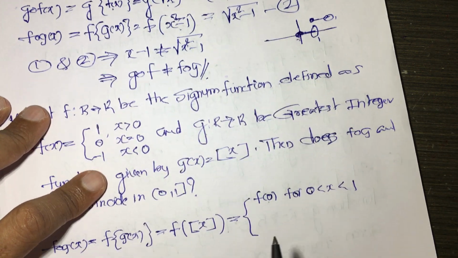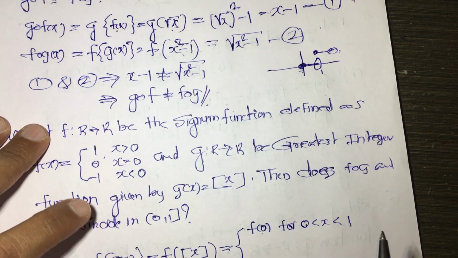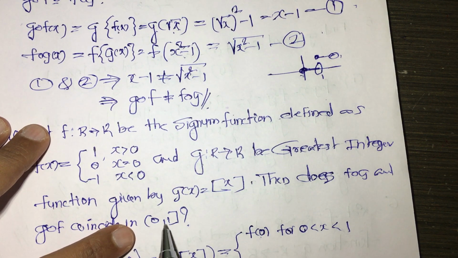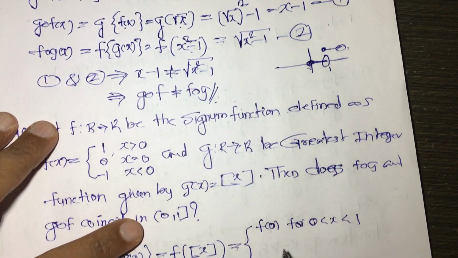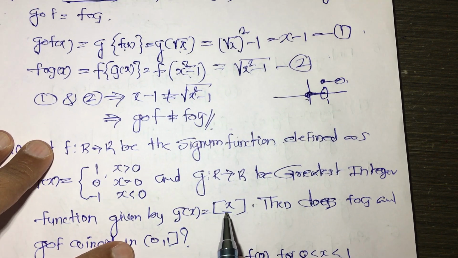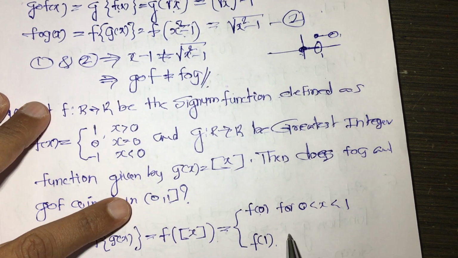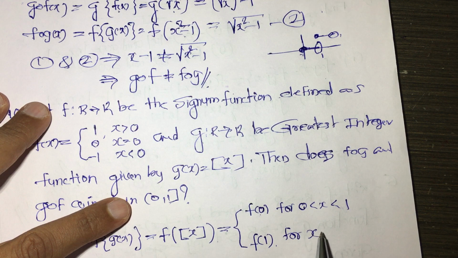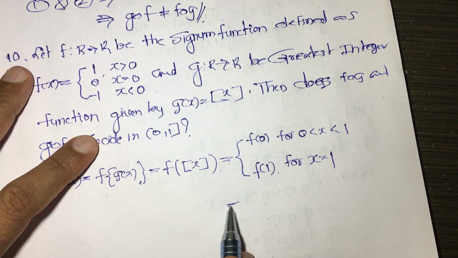So, I have taken 0. Next, when we have x equal to 1, because here 1 is included, g of 1 is 1.